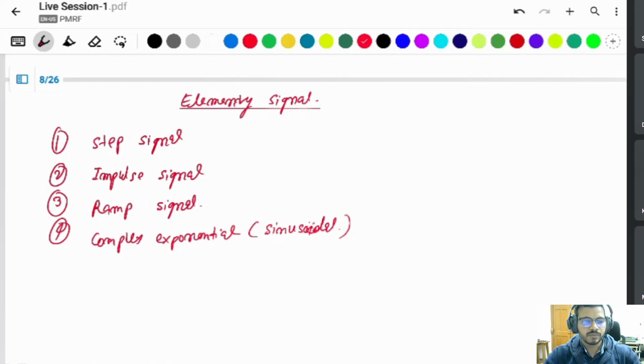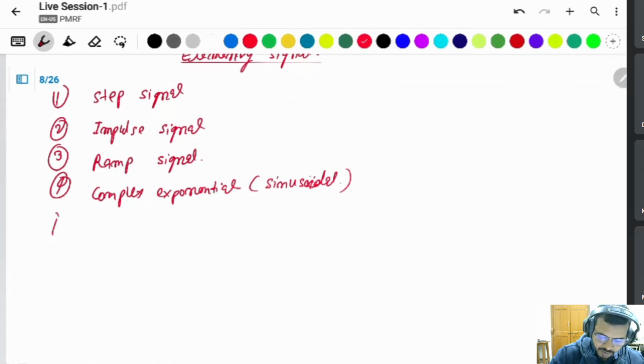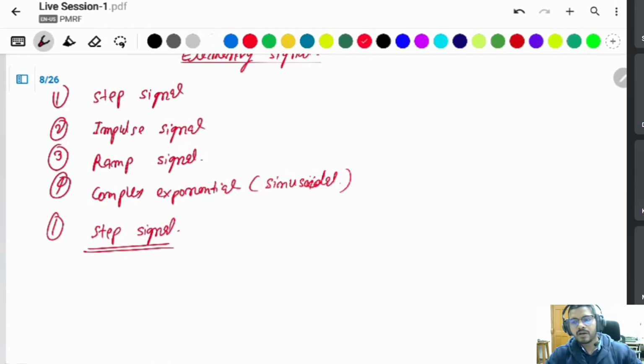First, I start from the step signal. I am giving just some idea of how you can revise the signals.